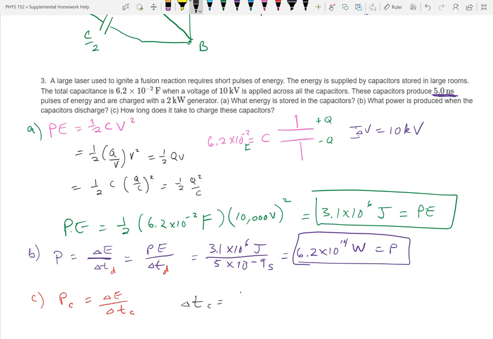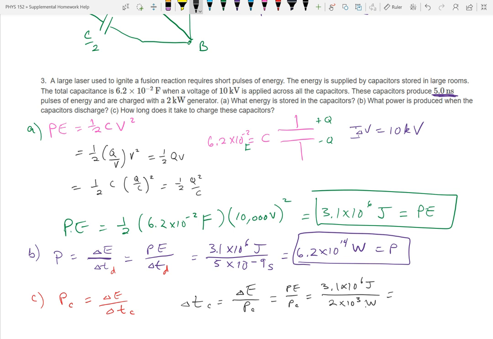So it will be the energy change over the power charging. So that's going to be our potential energy over the power charging, which is 3.1 times 10 to the 6th joules divided by 2 times 10 to the 3rd watts.